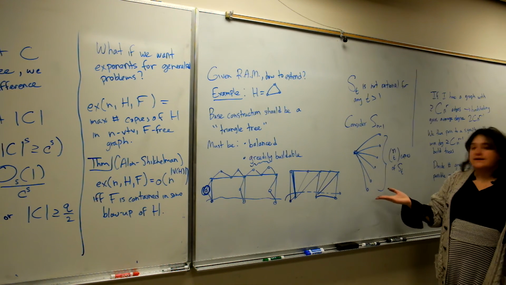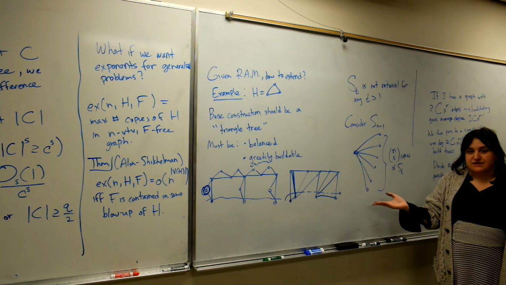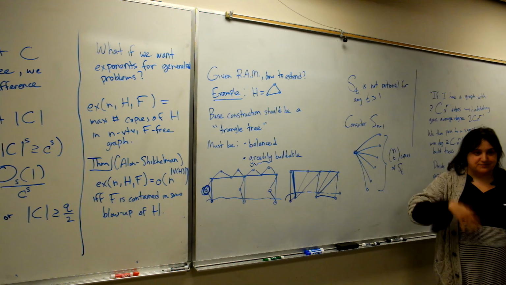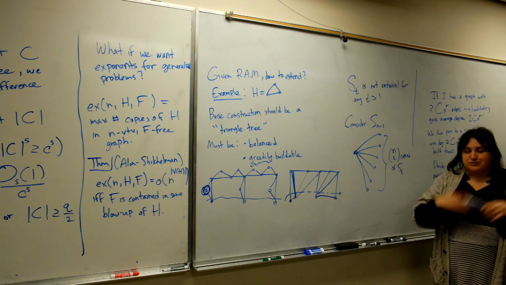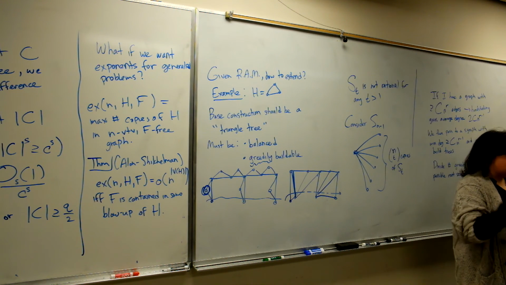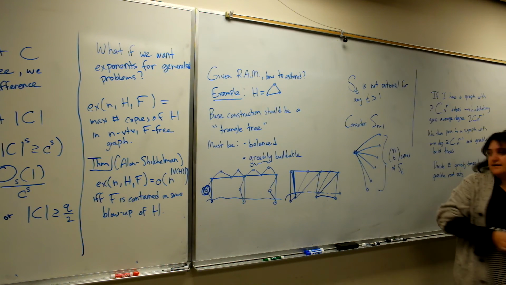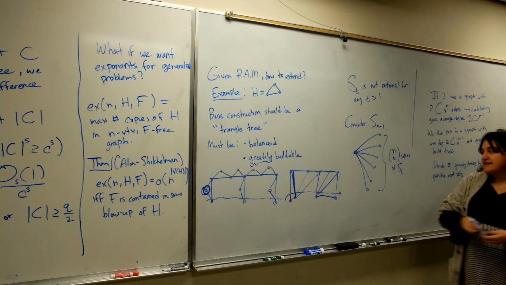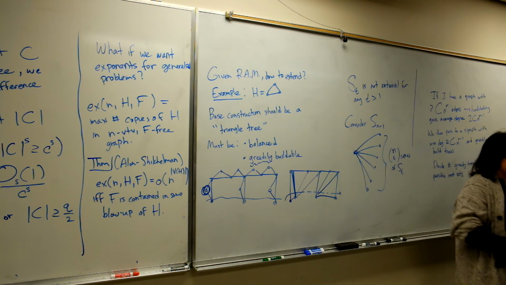But what would I forbid to forbid an n-vertex star? The only subgraphs which are of constant size, and we don't want to think about forbidding something like a star on root n vertices or something like that, the only subgraphs of constant size are just smaller stars, or I guess an independent set.